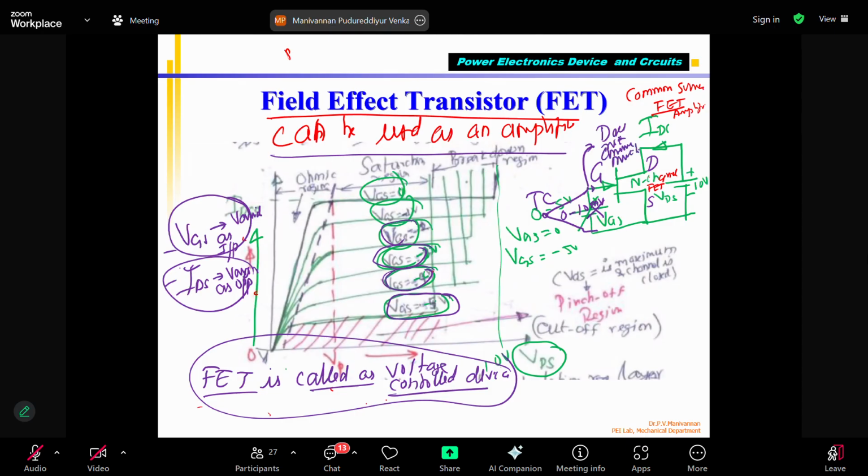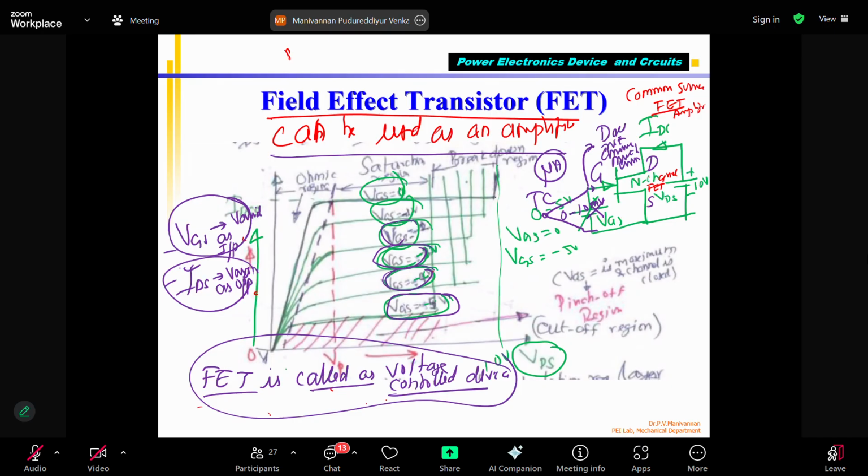Please note that a theoretical FET is supposed to take 0 milliamps, 0 current, but a practical FET always takes current in the order of microamps or nanoamps, correct? At least microamps, generally in the order of 10 power minus 6. Because the FET doesn't consume, the voltage coming from the sensor is applied directly to the gate.